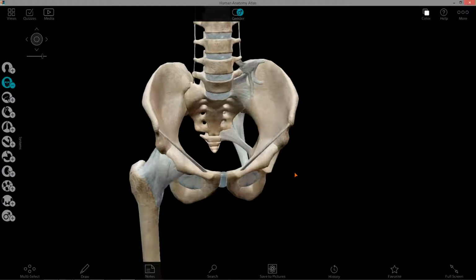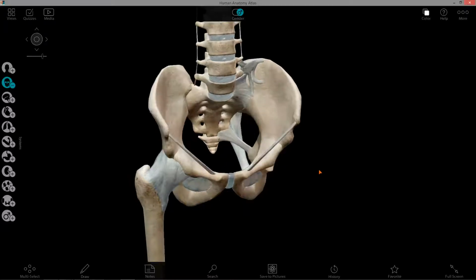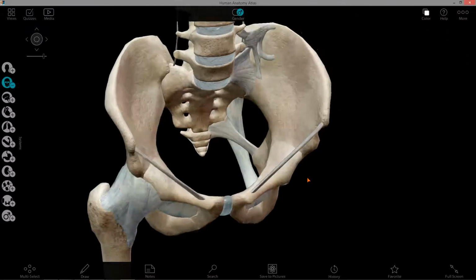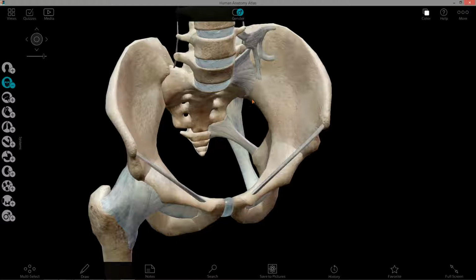The greater pelvis, also known as the false pelvis, is the region superior to the pelvic inlet, bound by the wings of the ilium and the anterior superior aspect of S1 of the sacrum. What that basically is, you have the pelvic inlet, which is this bony ridge circling around here.